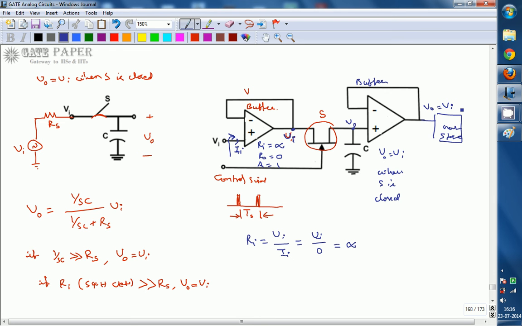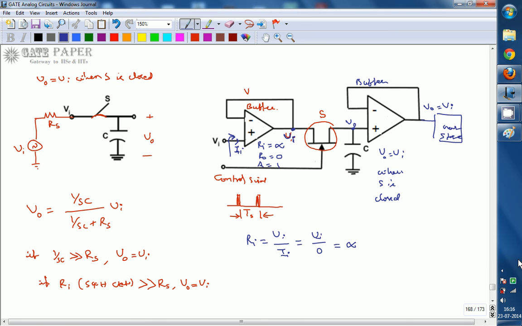So this is the actual sample and hold circuit, which uses a switch and a capacitor as main elements. Along with that, two buffers are used such that the output of the sample and hold circuit is exactly equal to the input, which doesn't load the switch, which doesn't load the internal circuit, which doesn't load the next load, that is the next circuit input impedance.